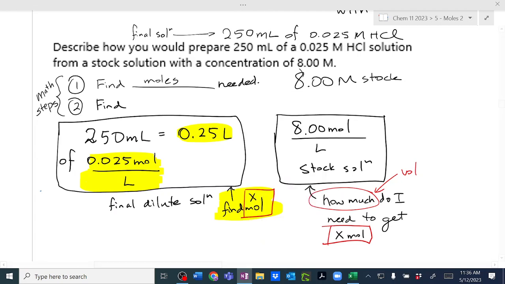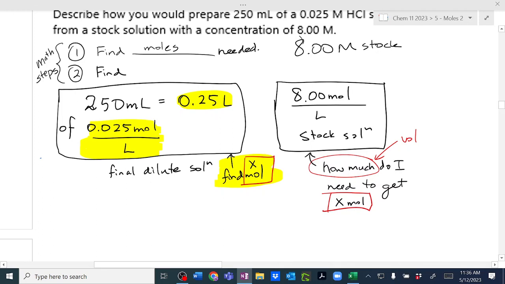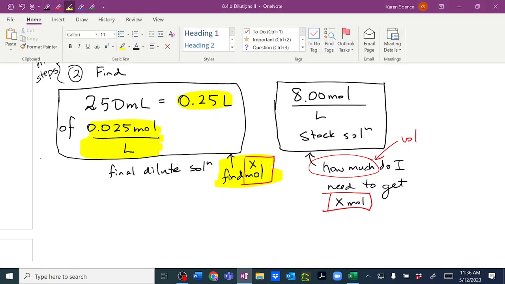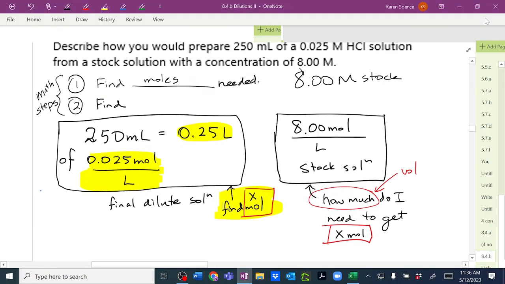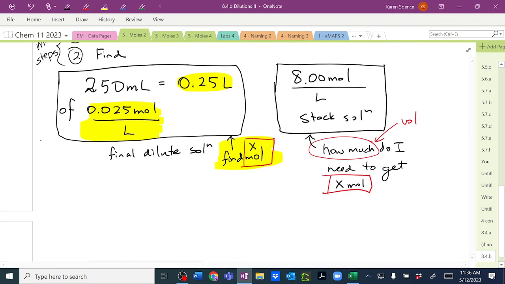If you're still stuck, don't worry, we'll do this together. What we're trying to do here is find the number of moles that we want in our dilute solution. So the number of moles is what we don't know. We are starting with 0.25 liters.